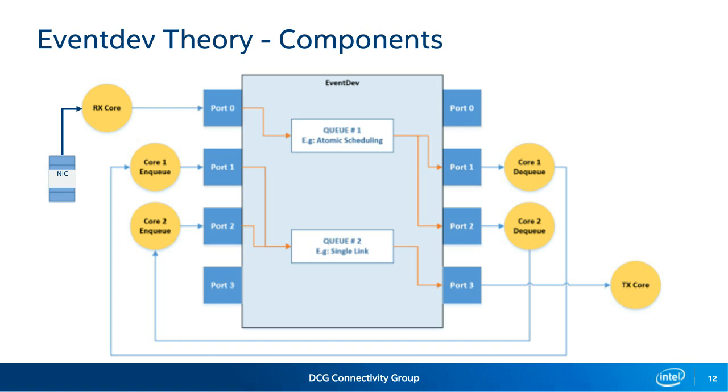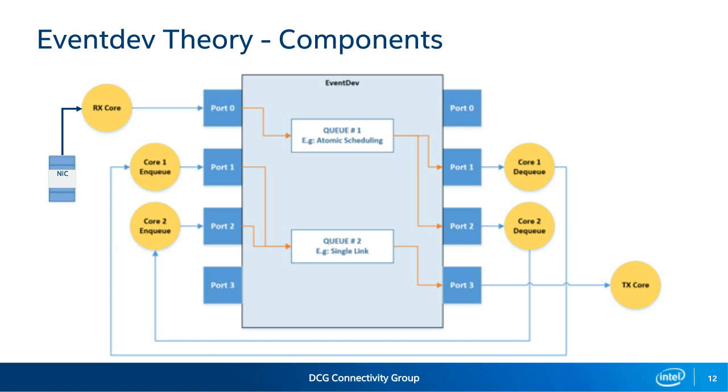So for example, in this case, it's an atomic queue, and it's load balanced across these 2 cores. So eventdev is going to look at the queue depth here, and then balance it across and put it on one of those. Right? And here, the core dequeues that particular packet.